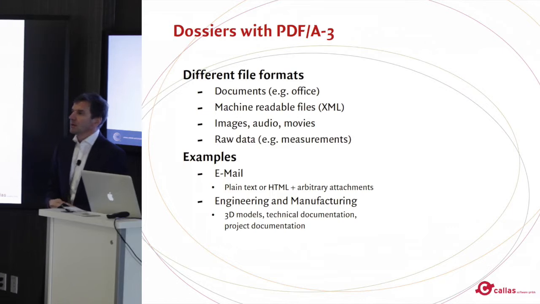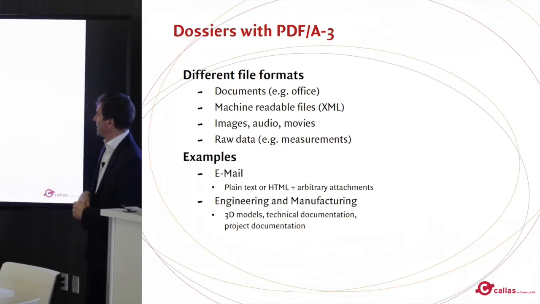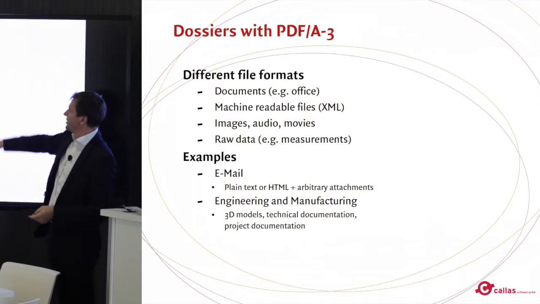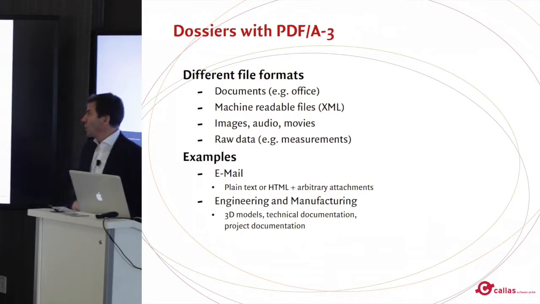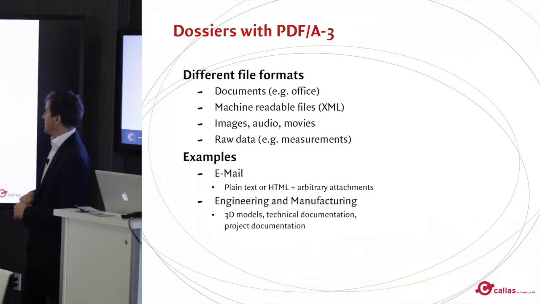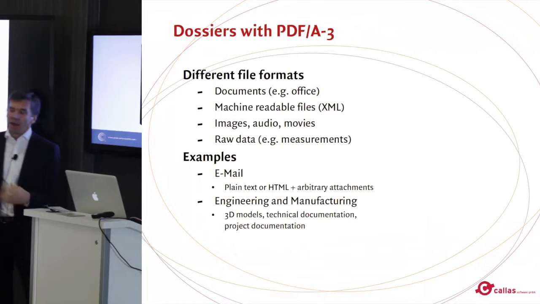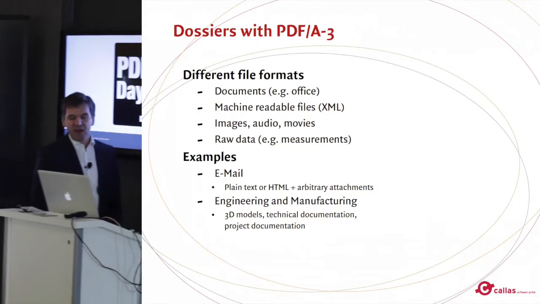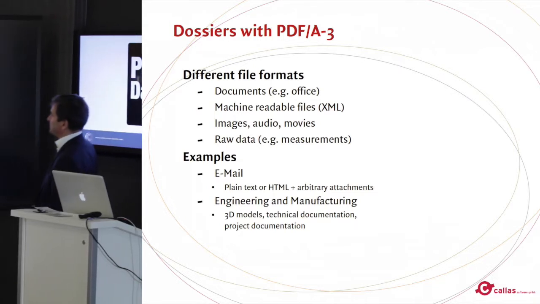So you can use an email as an example where you have arbitrary file formats as attachments. And you could easily convert an email into a PDFA3 file where the body of the email is the PDFA container file, and the attachments are embedded either as PDFA files or in their original format or both.